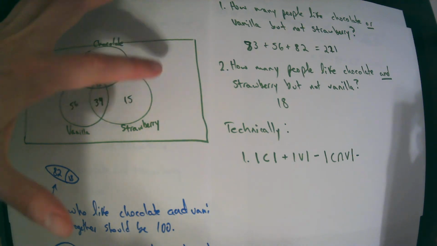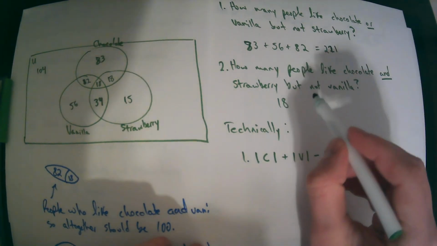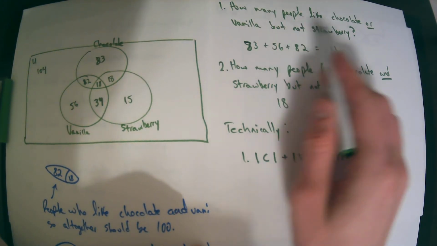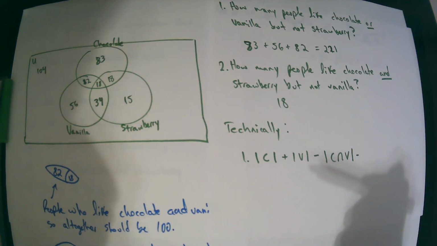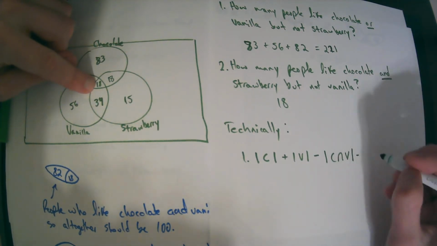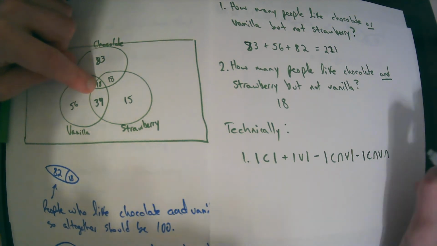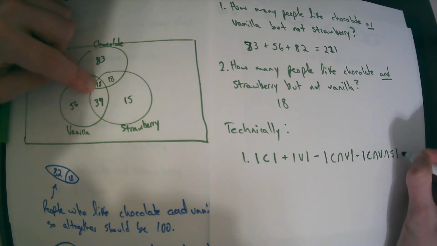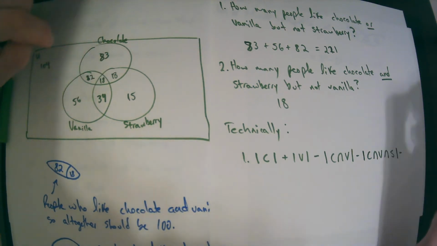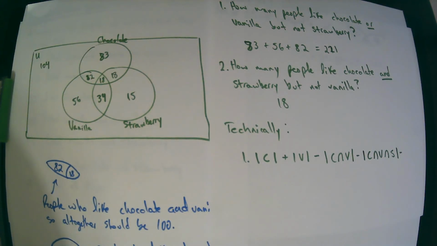We don't want to include anyone that also likes strawberry, right? Because this is number 1 where we're trying to exclude the people that like strawberry. So the very center spot, that's easy. That's the intersection of all 3. Now what about these 2 spots? What about those 2 spots?